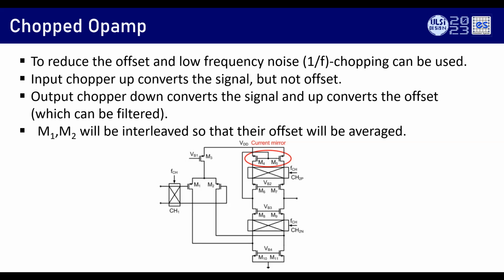So typically, if you do a chopper, the most prominent architecture that I have seen in my experience is that you do the chopping in two stages and you put in a feed forward path, so that you don't kill the UGB. That will take care of the high frequency, and this will take care of the low frequency, and overall you'll be fine. So that's the architecture I have seen.